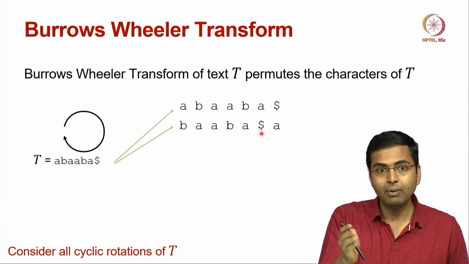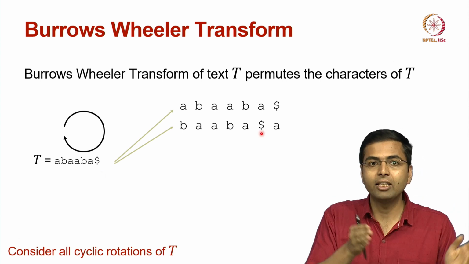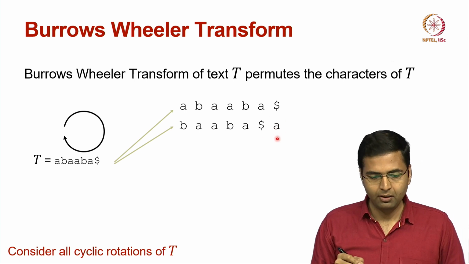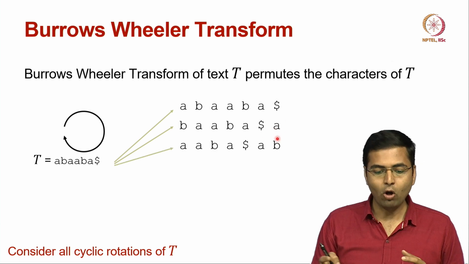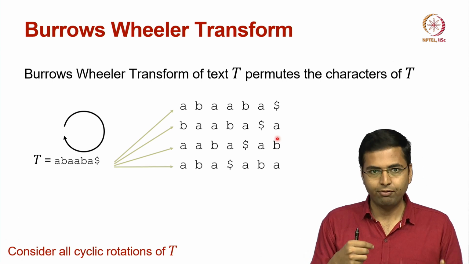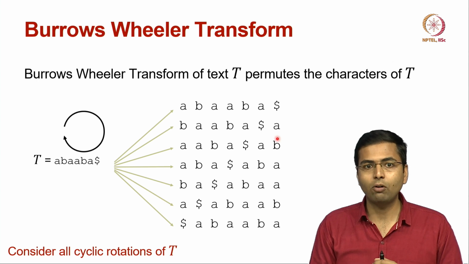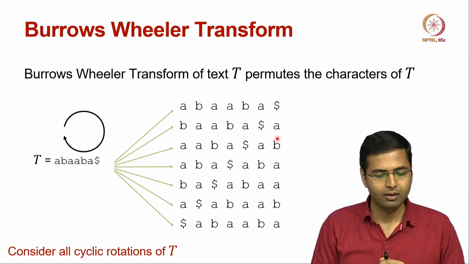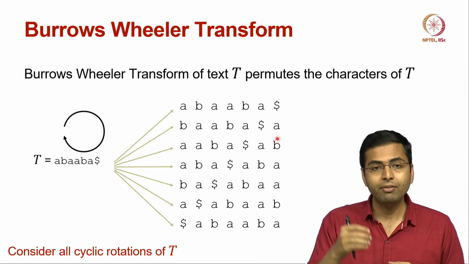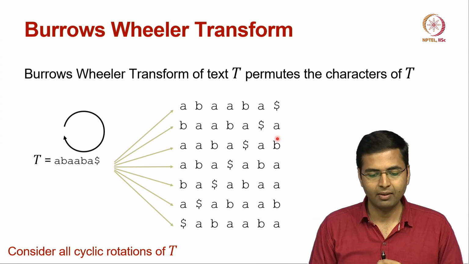So the dollar symbol moves to the left by 1 position, and A comes forward. Similarly, in the next rotation the dollar symbol moves further to the left, and we can similarly enumerate all cyclic rotations of this text. If this text is of size 7, then we have 7 distinct cyclic rotations of this text.